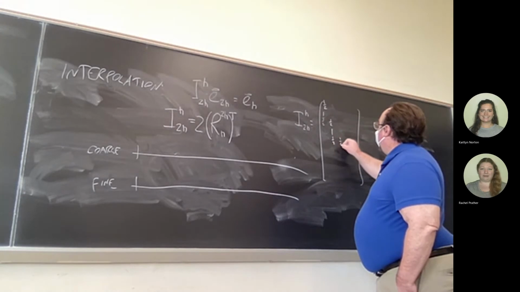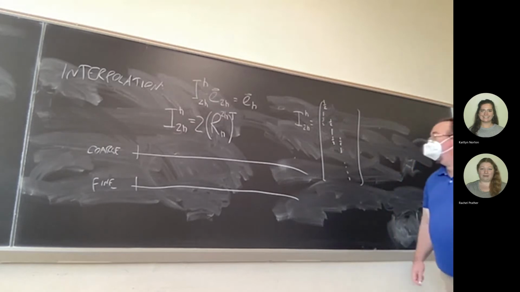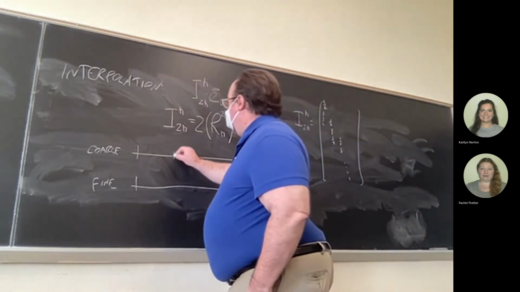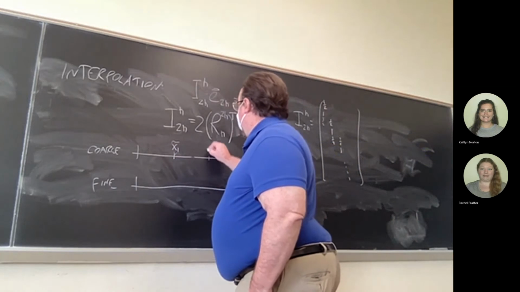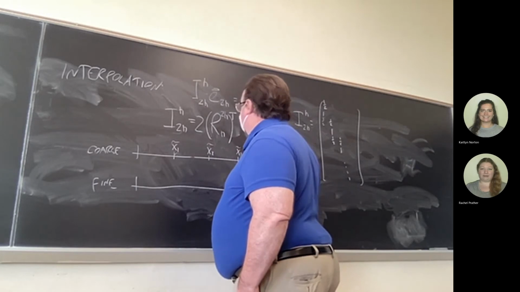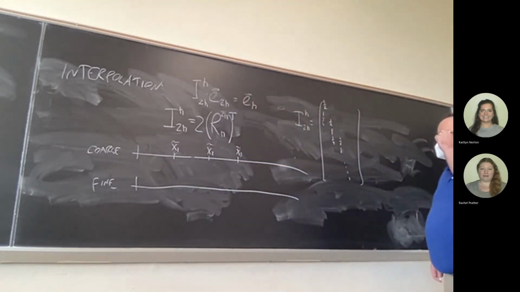And then it keeps going, and so on. Now, on the coarse grid, we have x1 tilde, x2 tilde.